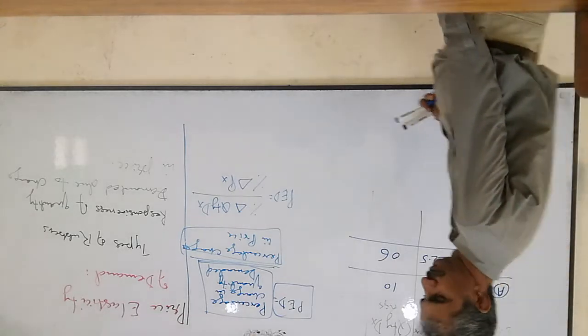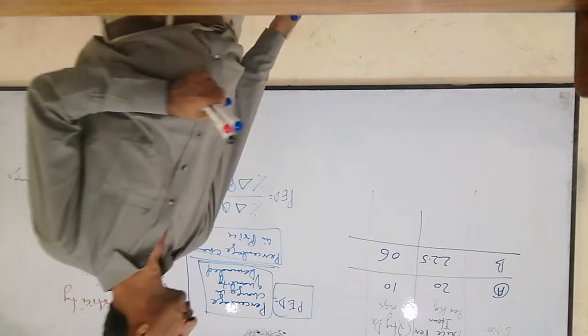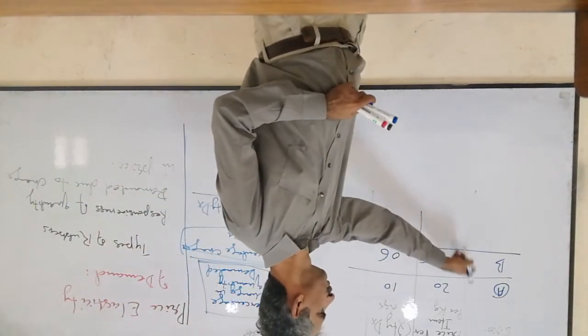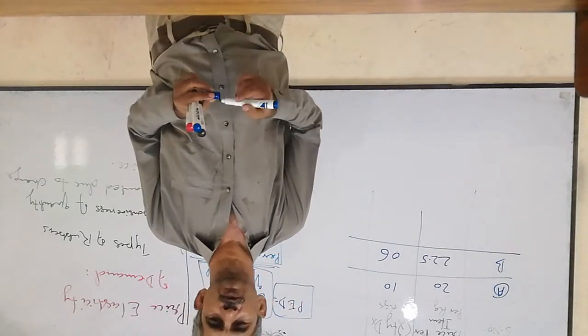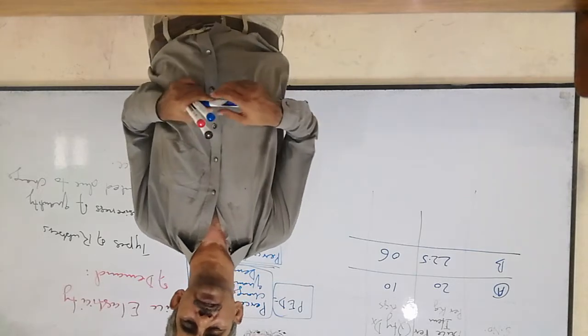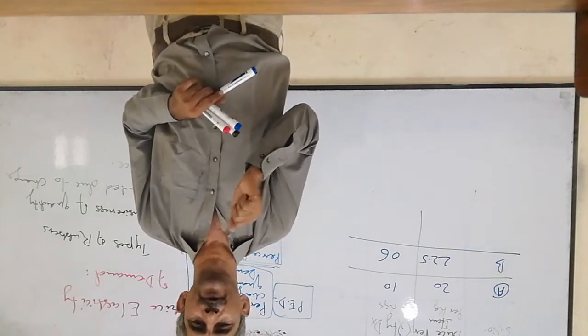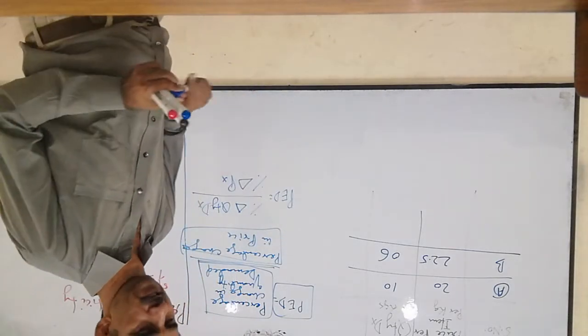Now we want to calculate how elastic ice cream demand is whenever the price changes. How much change in the quantity of ice cream cones occurs, or how much a person is responding or reacting whenever the price of the ice cream cone changes.